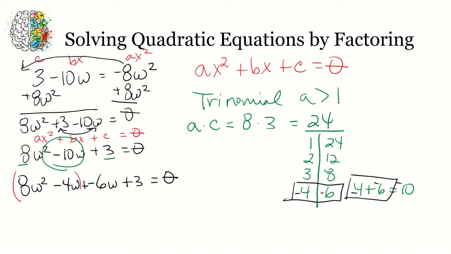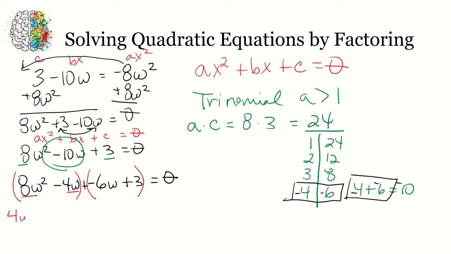So I'm going to group those two together, and I'm going to group those two together, and then what I'm going to look for is any common factors that I can pull out. So with this first one, I can see that both of them have a 4 and a w.